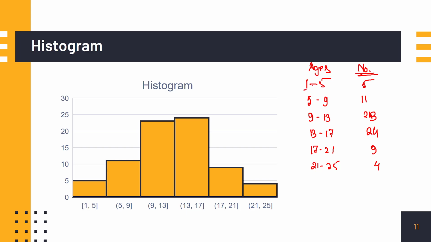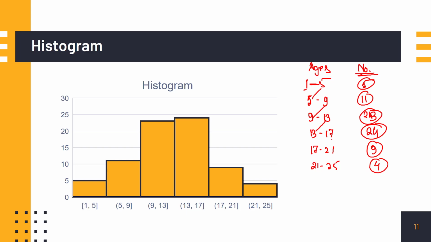So in the age group 1 to 5 we have, let's say, 5 patients. In the age group 5 to 9 we have 11 patients. 9 to 13 we have 23 patients. 13 to 17 we have 24 patients. 17 to 21 we have 9 patients, and in the last, 21 to 25, we have 4 patients. Now if this is a continuous frequency, right, so we have an undivided range, right?